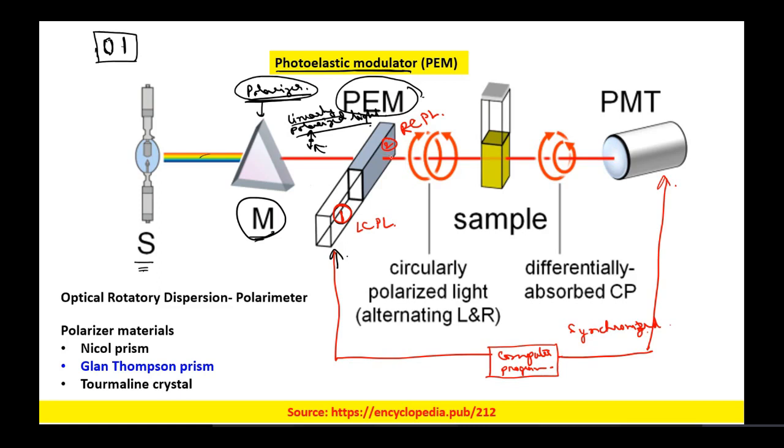At one instance the second crystal is in the path of the light, in the next instance the first crystal is there, and again it repeats. So the crystals 1 and 2 come alternately in the path of the radiation.